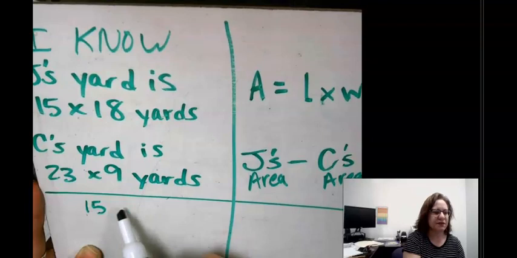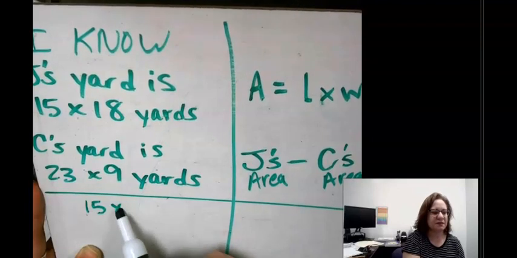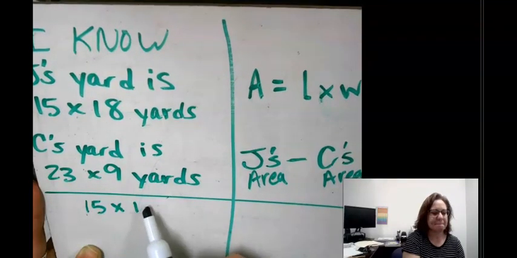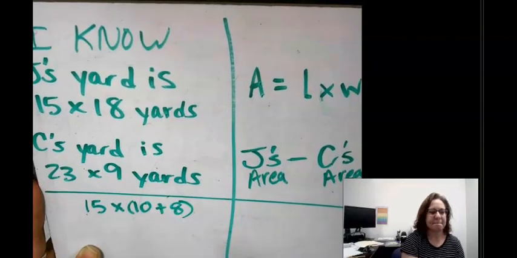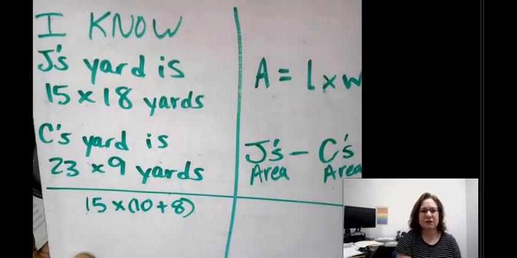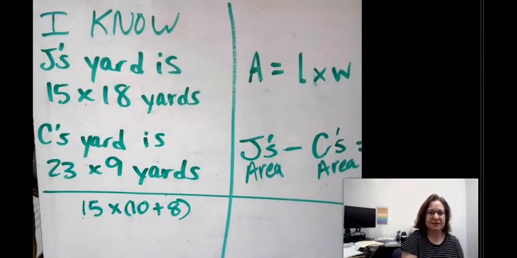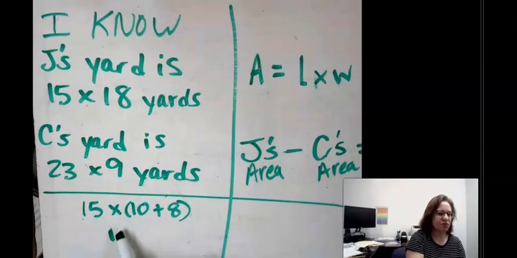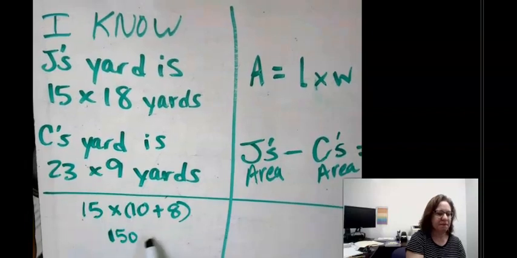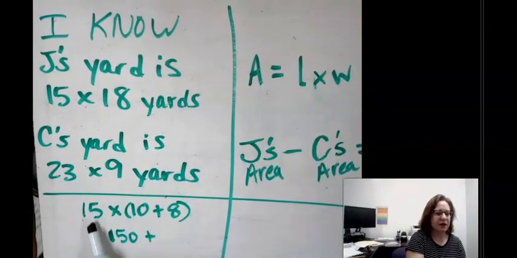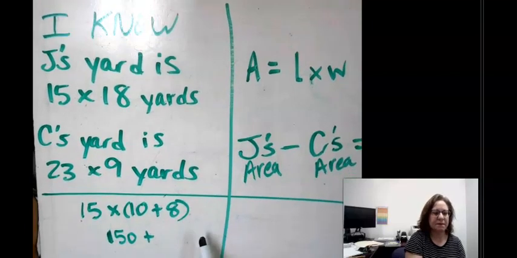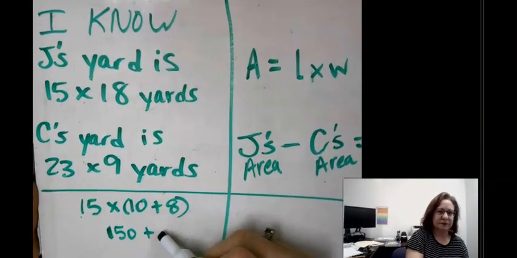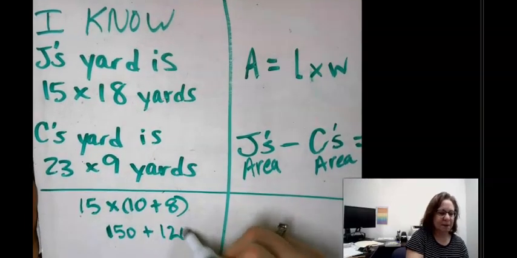What is 15 times 18? Well, 15 times 10 is 150, and 15 times 8 is 120.